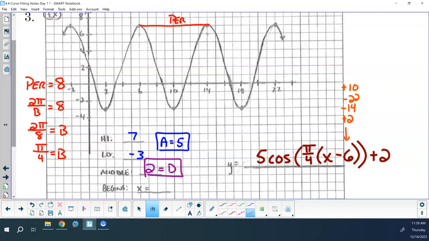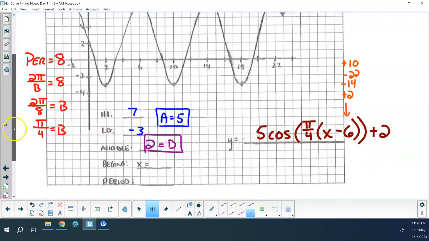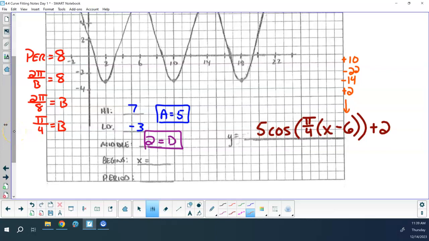Okay? Now, if you started at the bottom, I saw a couple of people started at the bottom, then your change would have to be a -5 out in front.